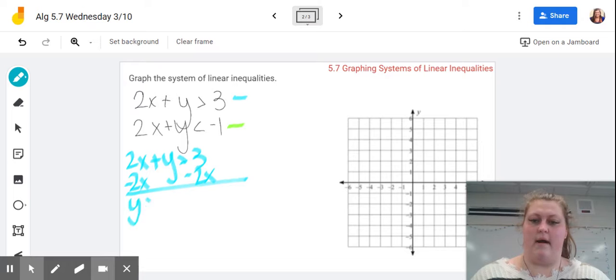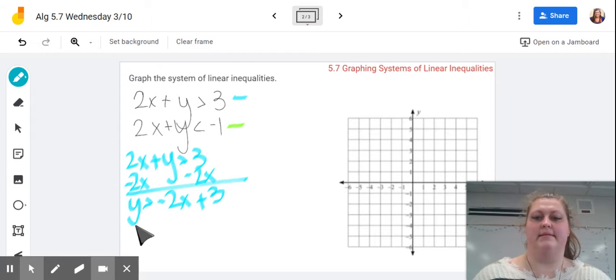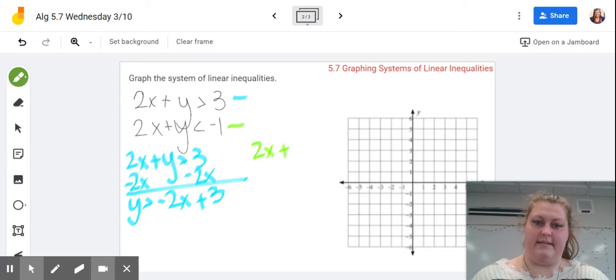And then I have y on the left side and negative 2x plus 3 on the right side. And then for my green equation, it's the same kind of idea. I'm going to move my 2x first, get y by itself.